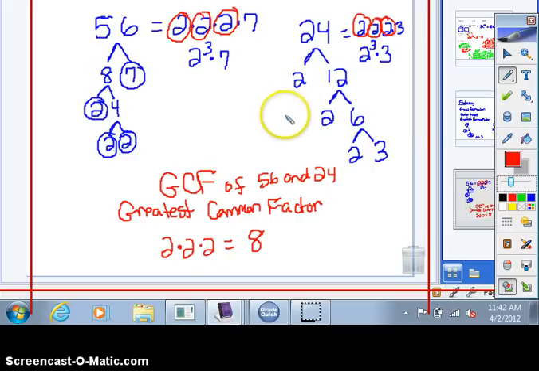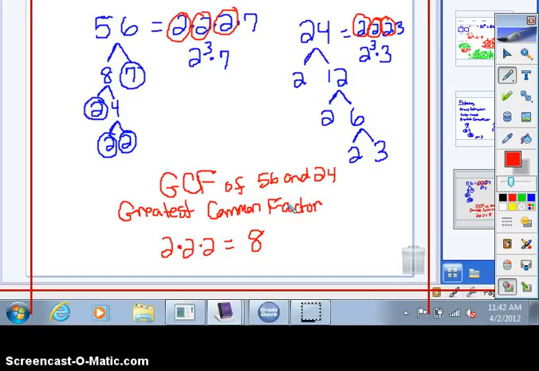In order to find the greatest common factor, you have to have two terms. 8 goes into 56 and 8 goes into 24. It's the largest possible number that goes into both numbers. The greatest common factor is the greatest or largest number that goes into both of them.